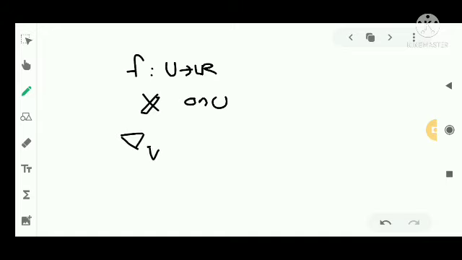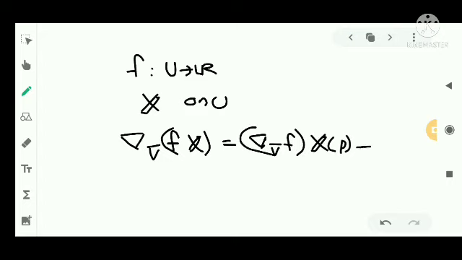We have a result: let f be a smooth function from U to R, and X be a smooth vector field on U. Then we have del_v(fX) = (del_v f)X(p) + f(p) del_v X. We have this result.